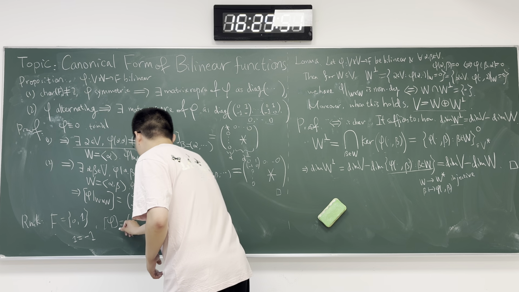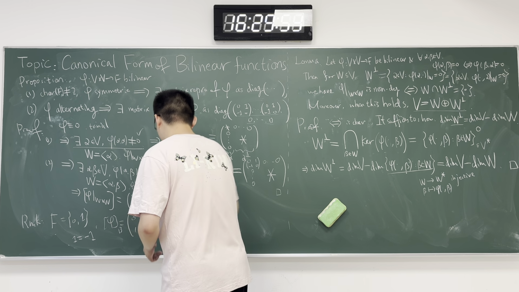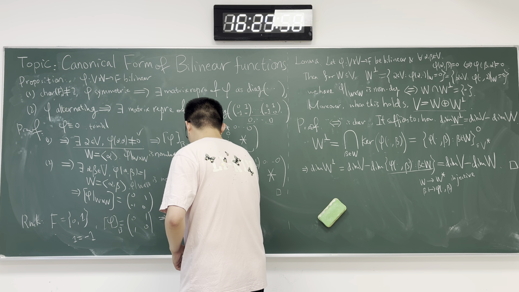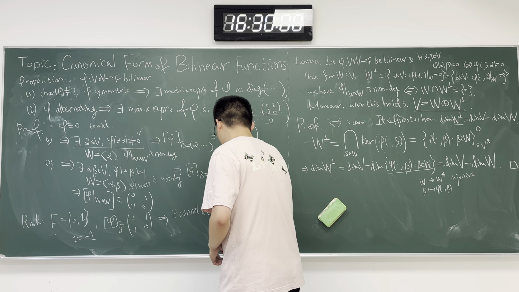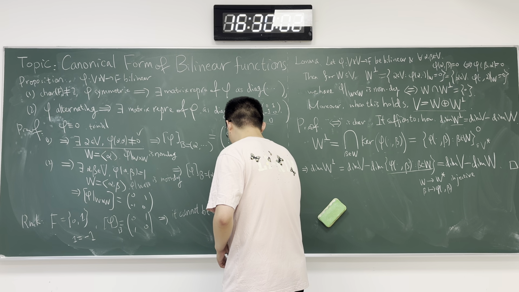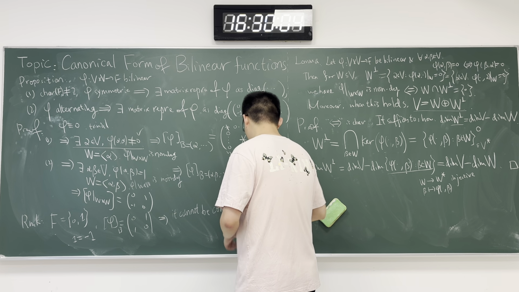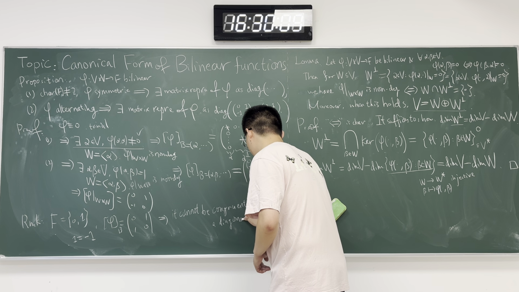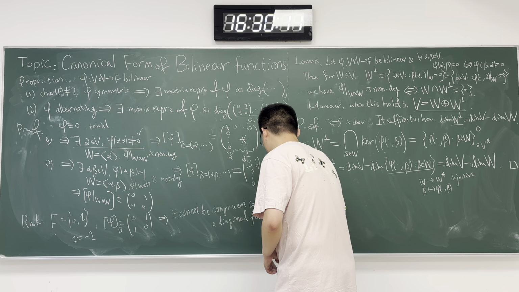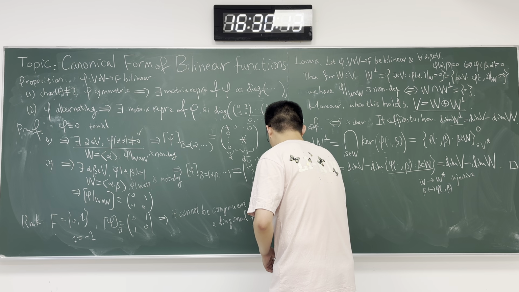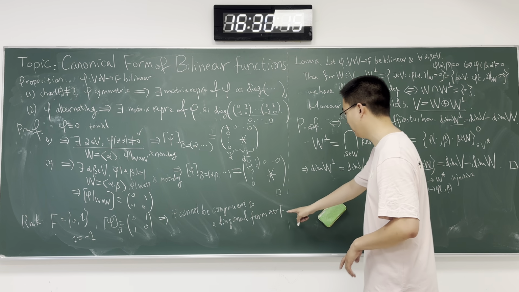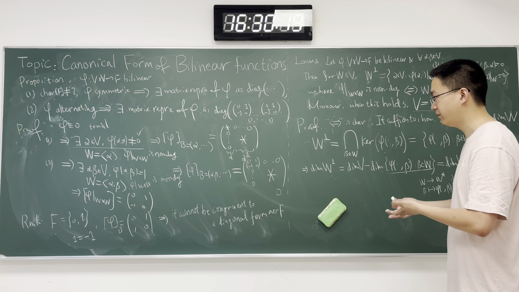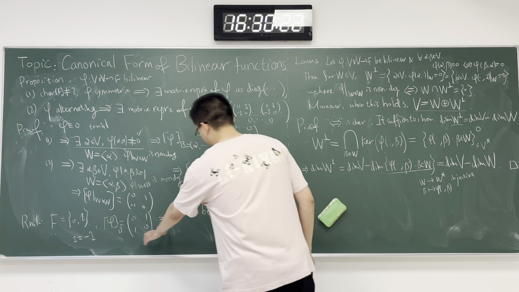So in this case, one should really check that it cannot be congruent to a diagonal form over this field F. Since F only contains two elements, it doesn't provide enough elements to do this congruence.